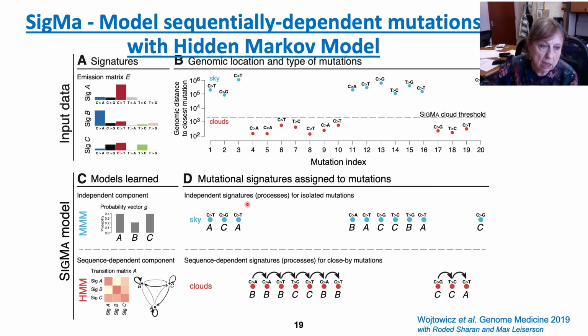So the idea now is to model the sparse mutations, the sky mutations, simply as a multinomial mixed model. Just model them as independent signature processes. While for the mutations that are nearby, the mutations in clouds, we train a hidden Markov model.